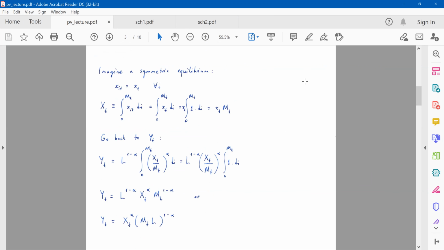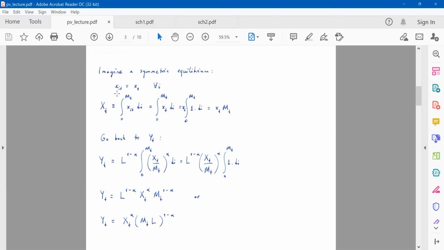Now, for simplicity here, we're gonna look at a symmetric equilibrium. Okay, and there will be a good reason for that as well. So it is not a totally unrealistic assumption, but for the moment, just before we are solving the endogenous technology problems, just look at what happens in a symmetric equilibrium, right?